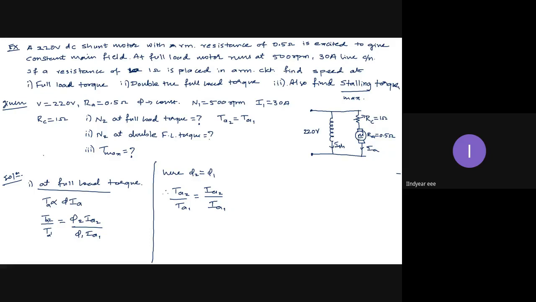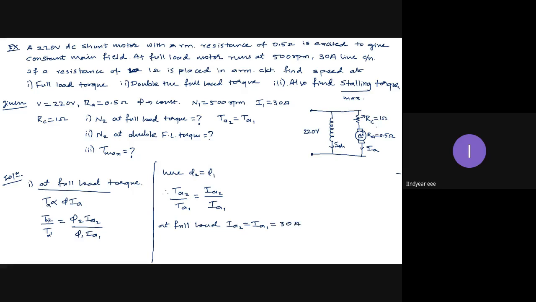Now, the first case is at full load. So at full load, my IA2 is the same as IA1 because observe, at full load, motor runs at 500 RPM, 30 amperes line current. So the first case is full load torque only. So IA2 is equal to IA1, is equal to 30 amperes.